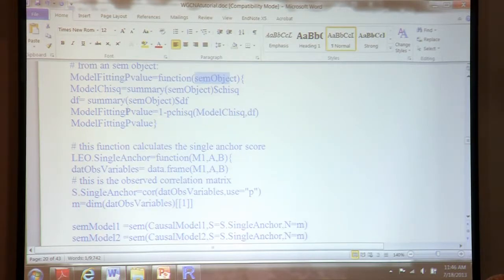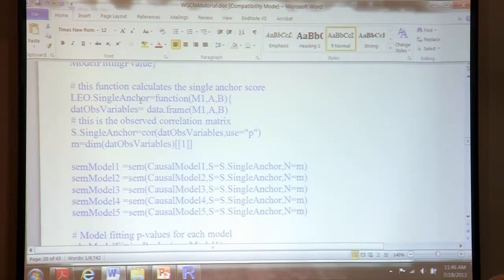And then, as you notice, it makes use of the chi-square statistic and the degrees of freedom and calculates this p-value. And then there's another R function called LEO single anchor, which I used a second ago. And it, of course, evaluates.